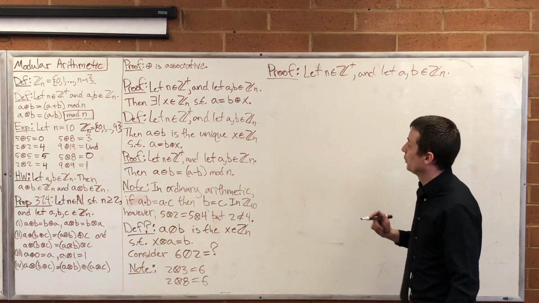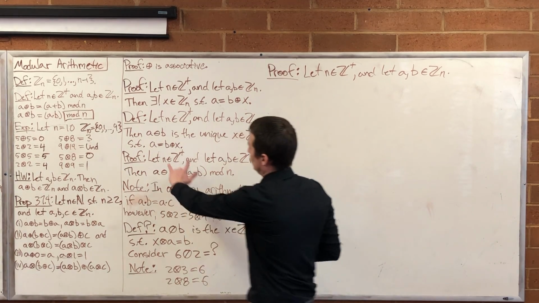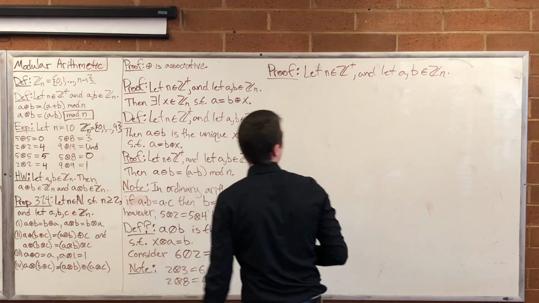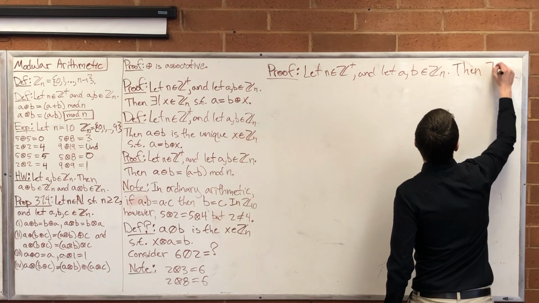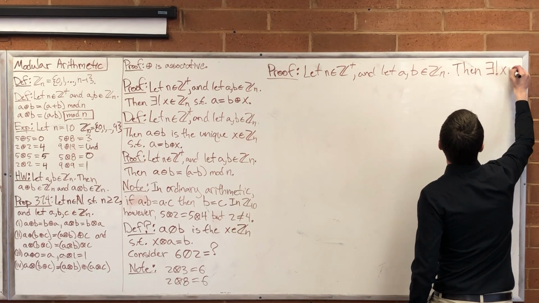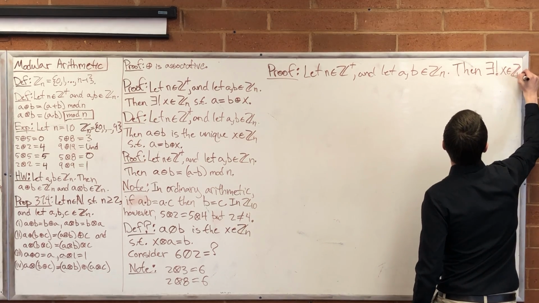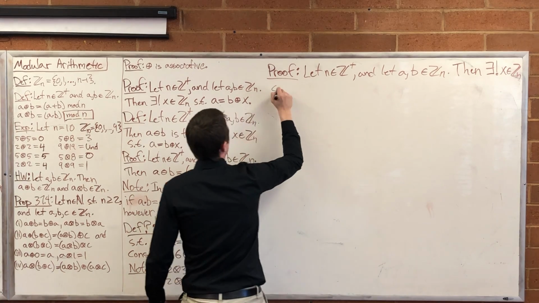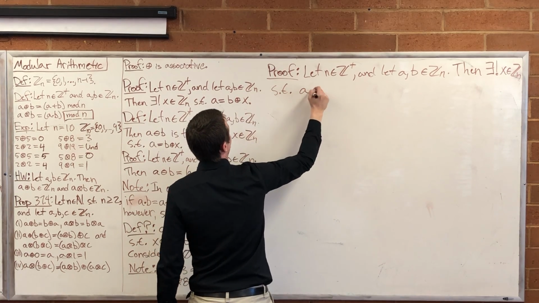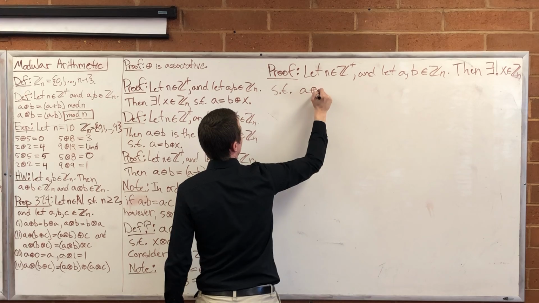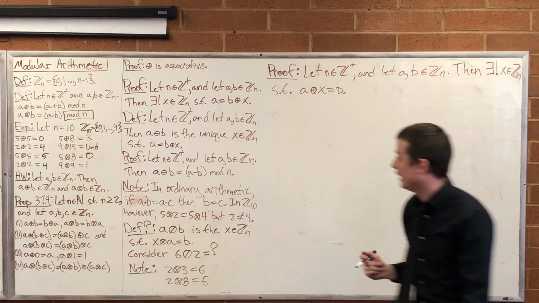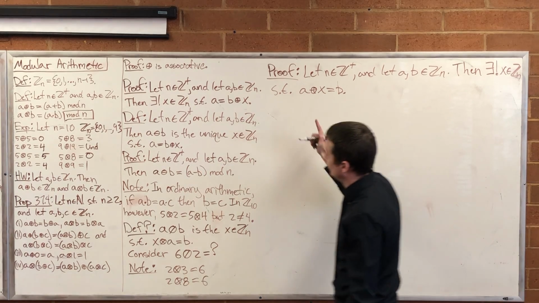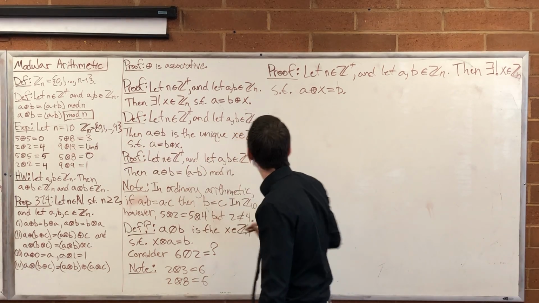Okay, so if that's how we're going to define it, first we need to prove that there is one and only one. So then there exists a unique x in Zn such that a plus, with that kind of plus, x is equal to b. And then whatever that x is, we will now call the difference, we'll call a minus b.